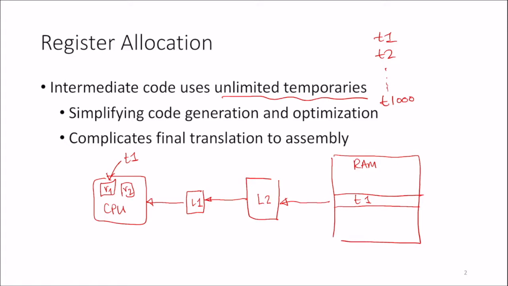You might get lucky and find T1 in the L1 cache, in which case it's somewhat faster, or in the L2 cache. But in order to actually compute anything in the CPU with that value, you have to get it into the CPU and store it in a register. So for the purposes of these video lectures on register allocation, I'm not going to make a distinction between L1 cache, L2 cache, and RAM.